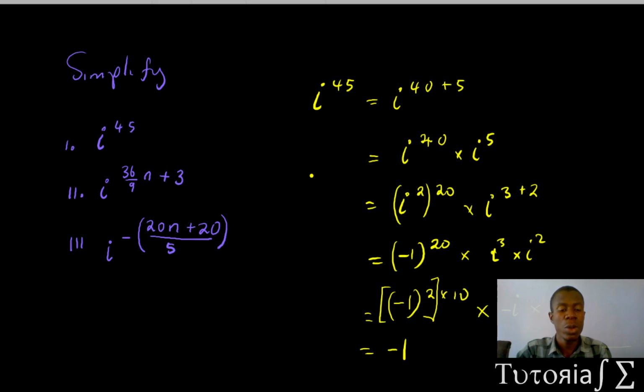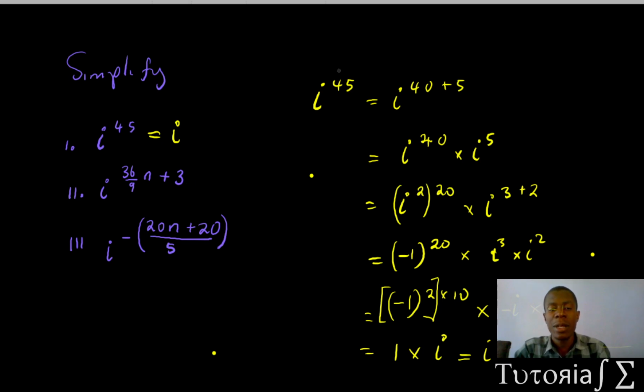Then i to the power 2 is -1. So now we have +1 to the power 10, which is still +1, times -i times -1. That would be just +i. So our final answer is +i.